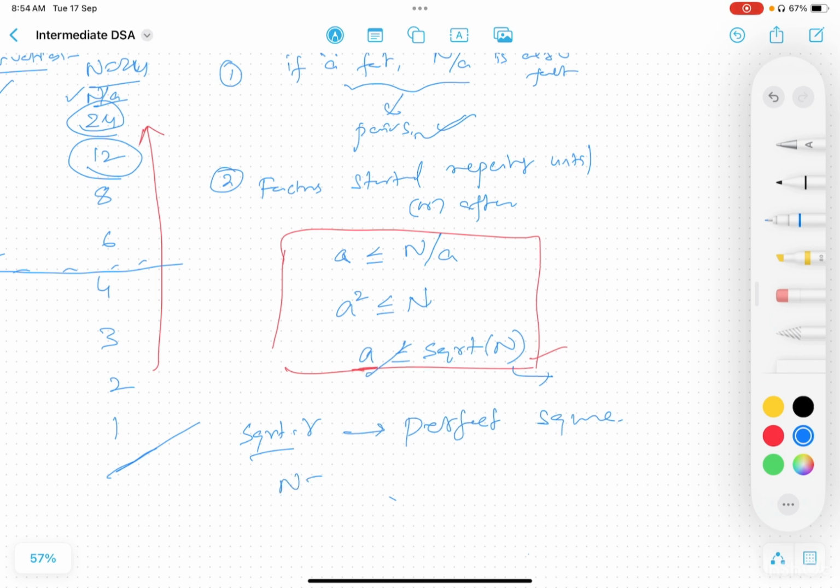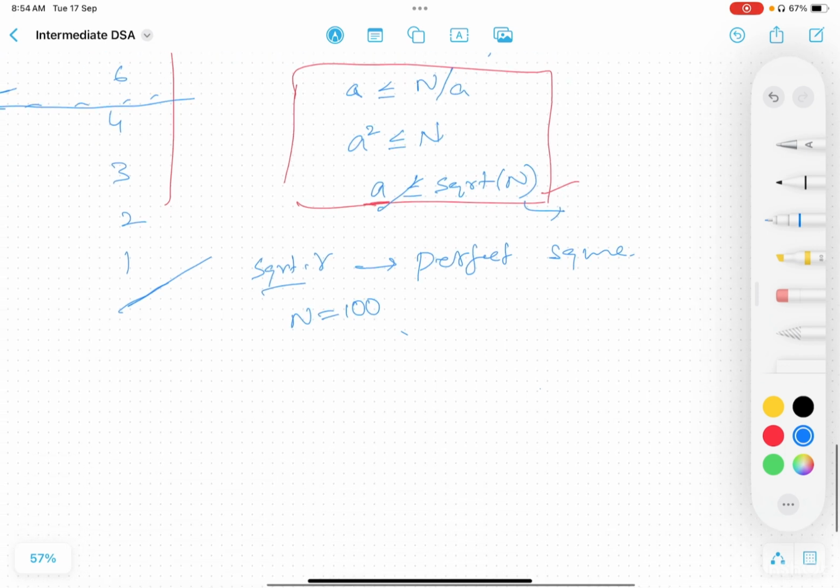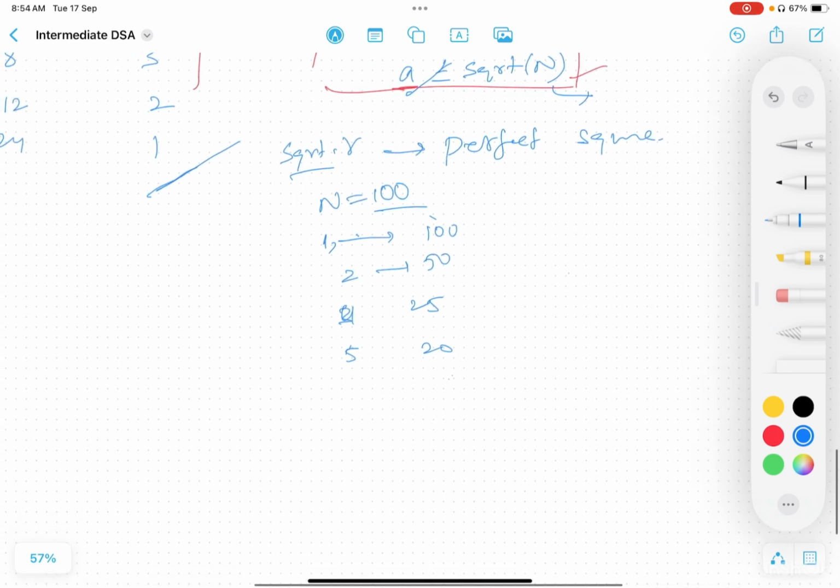Okay. N equal to 100, which is a perfect square. That means 10 into 10. Right. It has a proper natural number as a square root. If you see the factors of this, it is 1, 100, 2, 50, 3 is not possible, 4, 25, 5, 20, 10, 10.